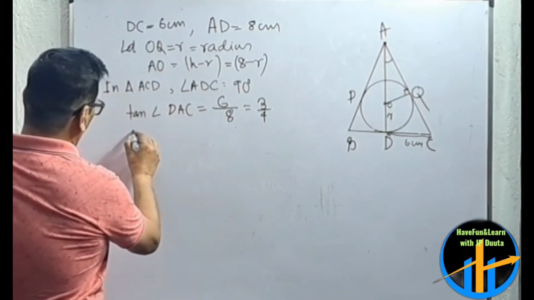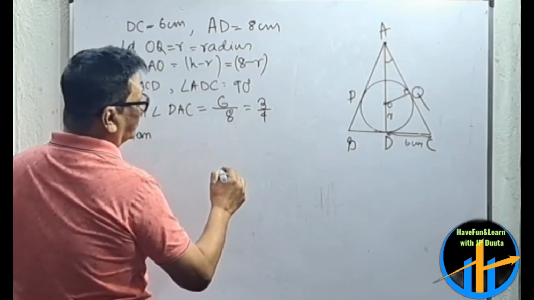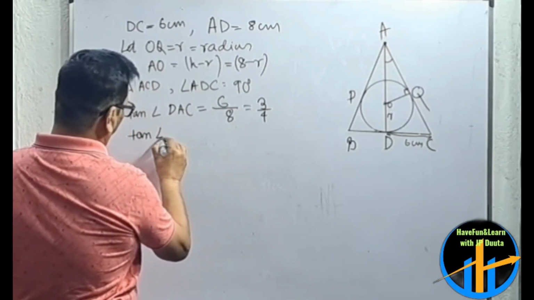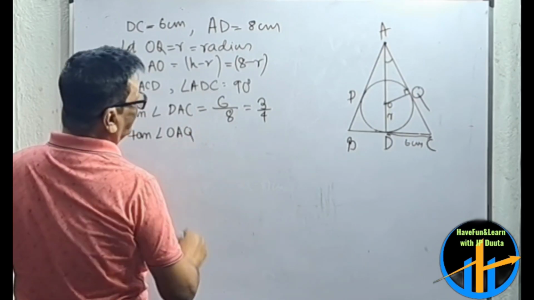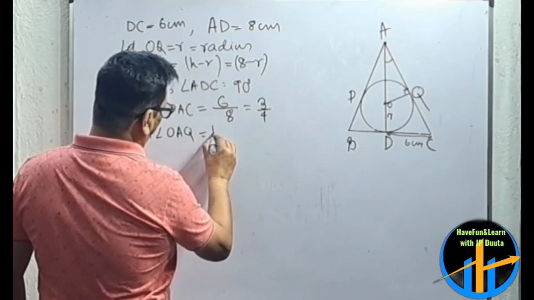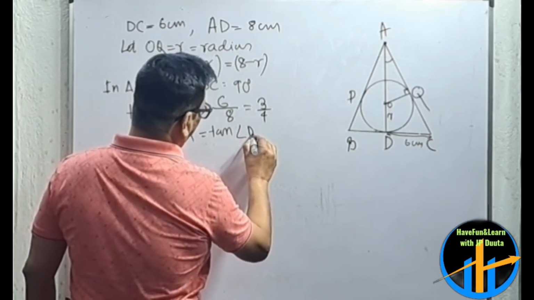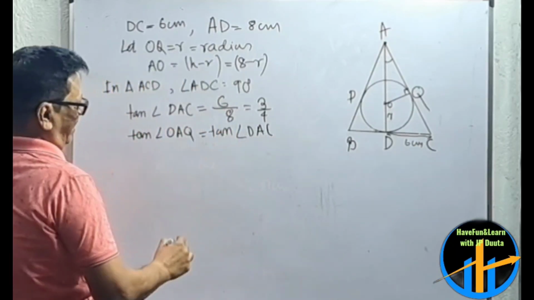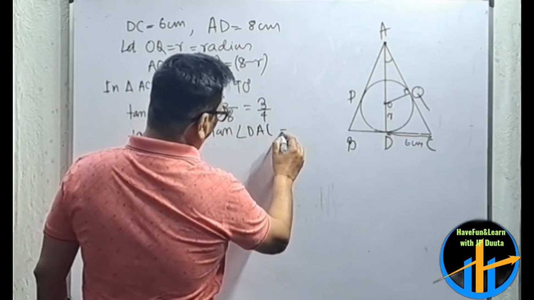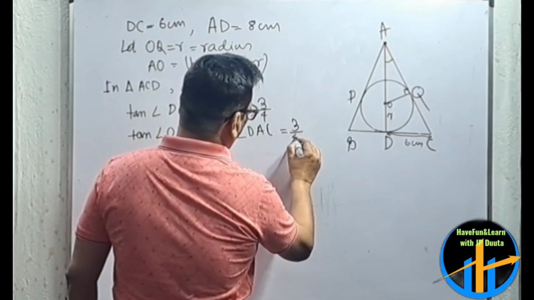So tan of angle OAQ is equal to tan angle DAC because they refer to the same angle, is equal to 3 by 4.